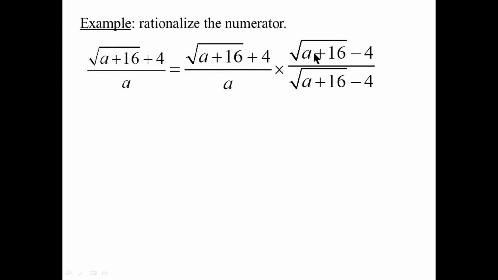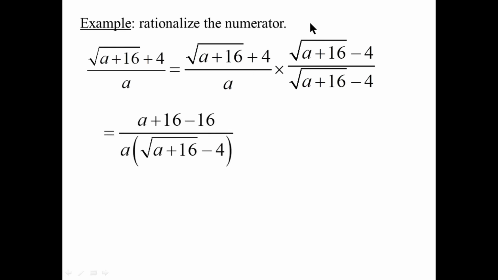So when we go top times top, we'll get a difference of squares. And the square of the radical is just a plus 16. Square a radical, remove the radical. And it'll be subtraction. So it'll be minus 4 squared, which is 16. So the top becomes this, and the bottom becomes a times this in brackets.